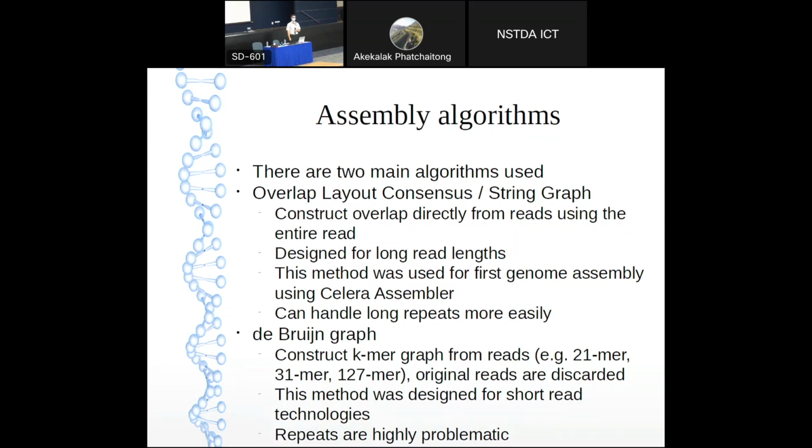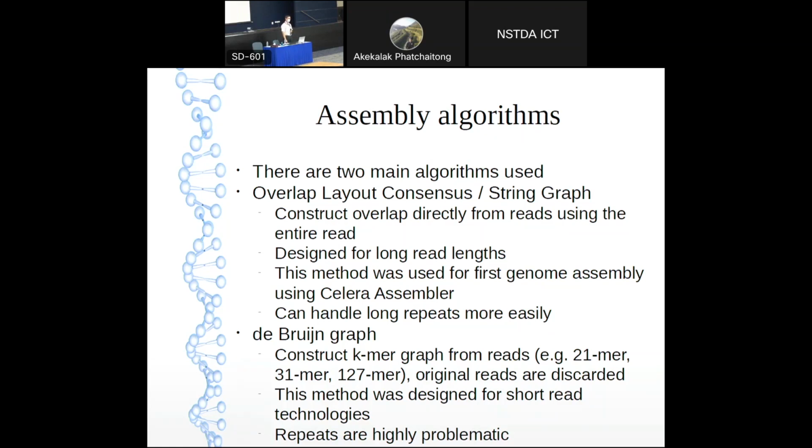And this algorithm was designed for long read lengths. The first of these was the Celera assembler, which was designed and used to assemble the human genome back in 2001. The other is a De Bruijn graph.